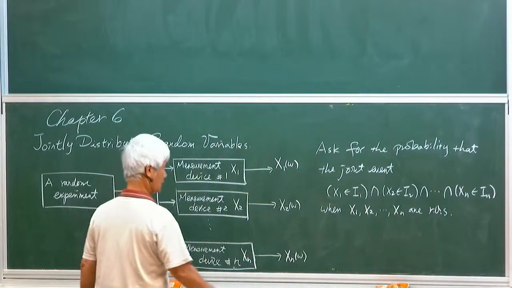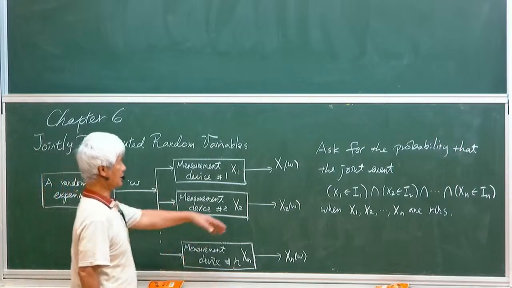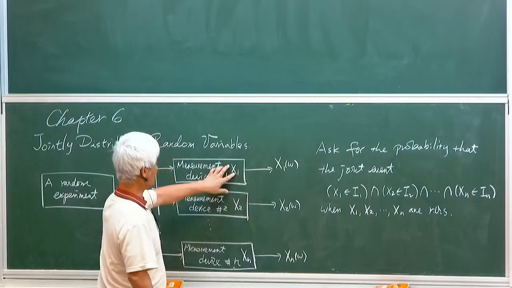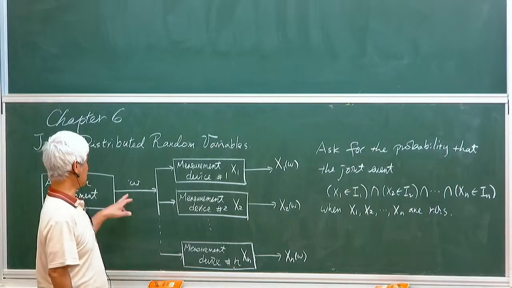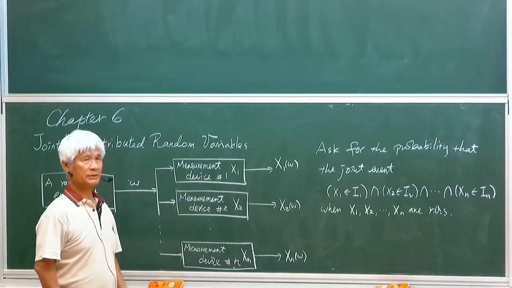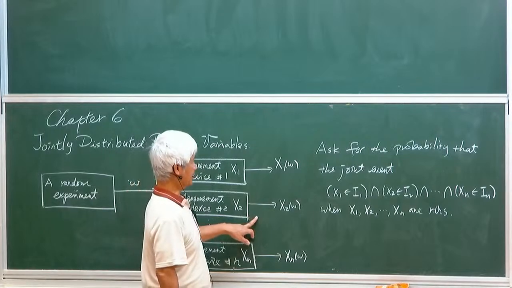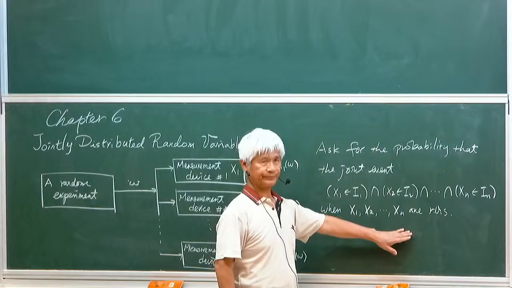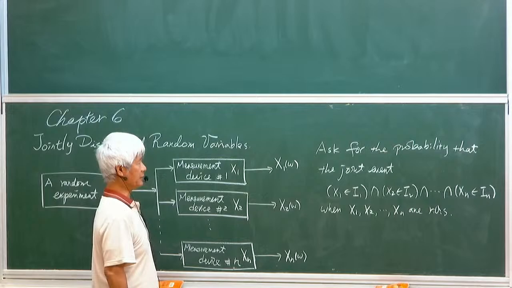So we employ measurement devices such that these are n measurement results. Because each x sub i is just a real value function on the sample space, and we impose a required property so that x1, x2 up to xn are random variables. Okay, we all know what is the required property before in chapter 4.